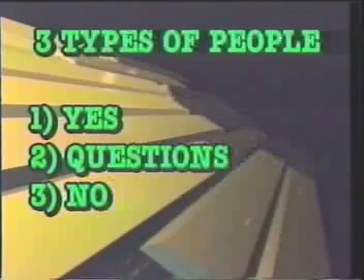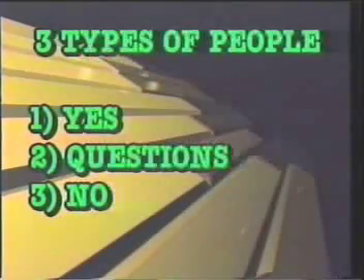Now, when you're sorting through the people, you will run into 3 types of people. There are always 3 types of people when you're sorting and when you're using the script and asking people a question: are they interested in a business opportunity? Number 1 is people that will say, yes, I'm interested in an opportunity.